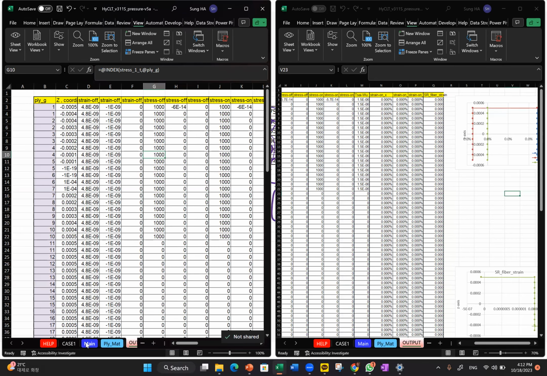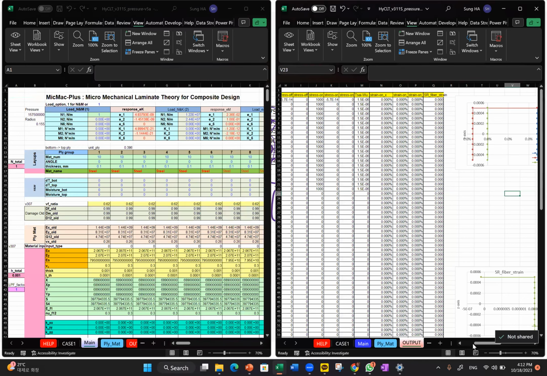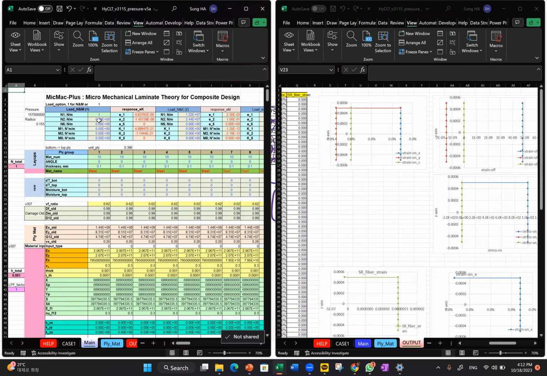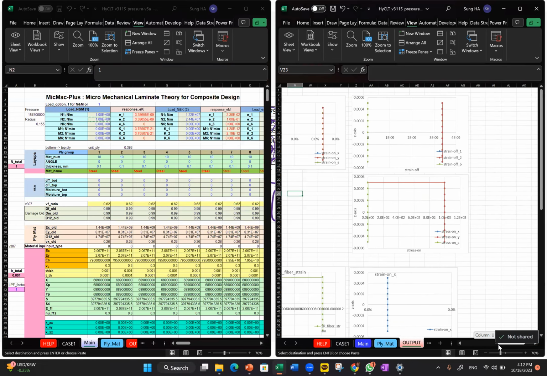So this is one worksheet, but we can see how this one shows the output, and as you can see, now we apply not only one direction but also two directions. So we apply this load. Okay, one, and what kind of deformation are we gonna have?